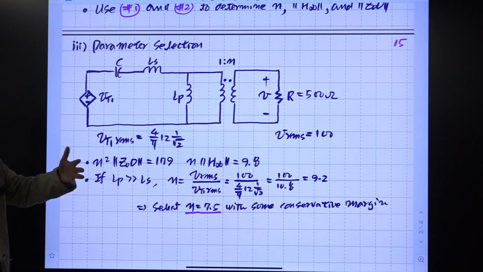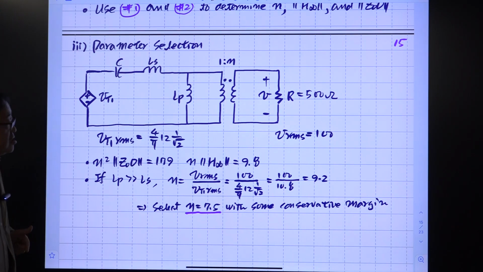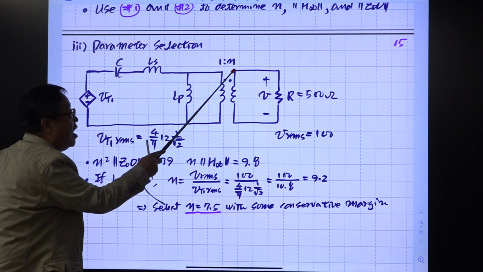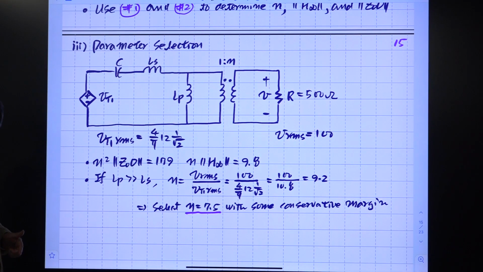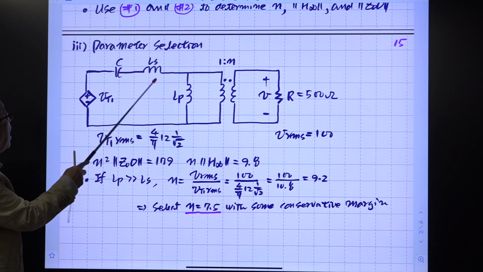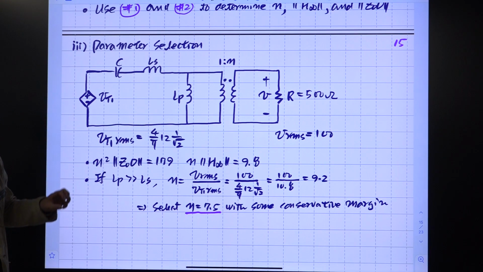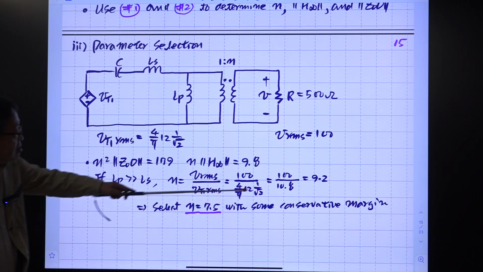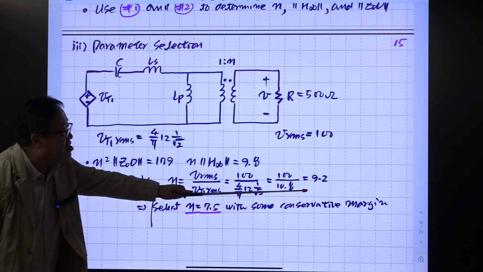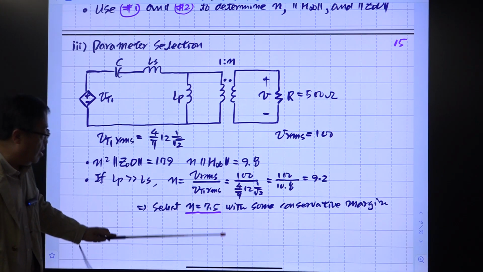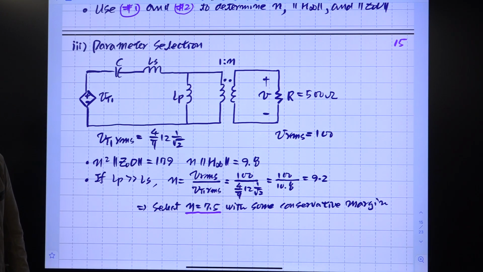Okay? That is the assumption. If that is unity, this is the correct number as the turns ratio of the transformer. But usually this gain from here to there, because of this high Q peaking, is larger than 1. Then select this N slightly smaller than this one. Maybe I select 7.5.